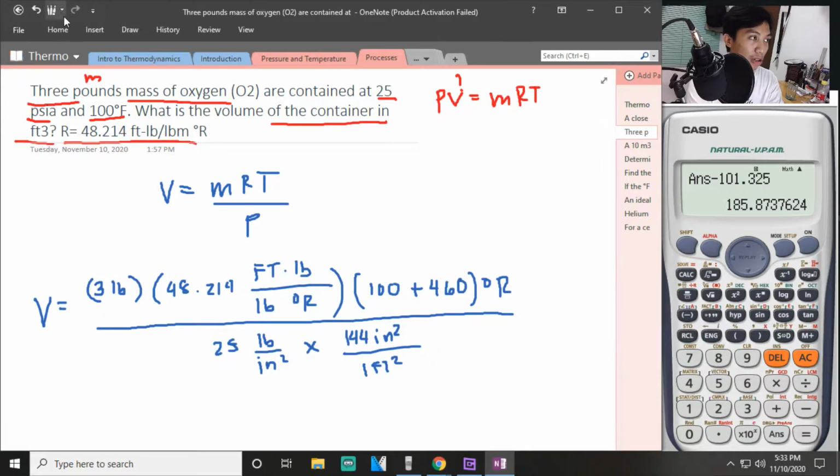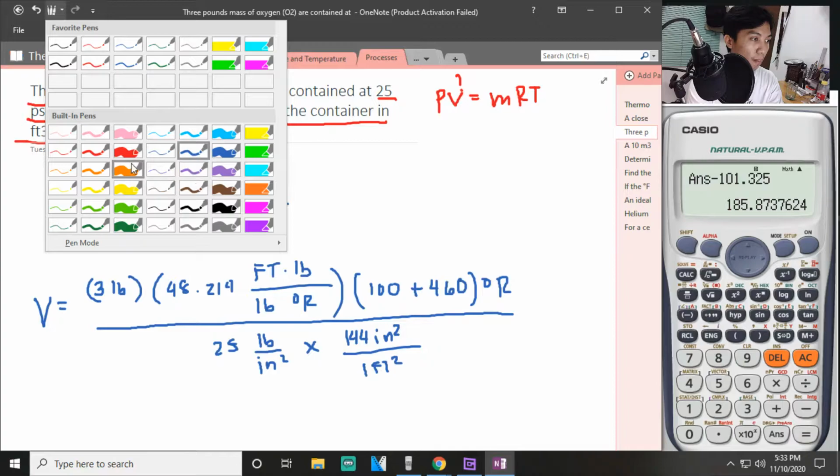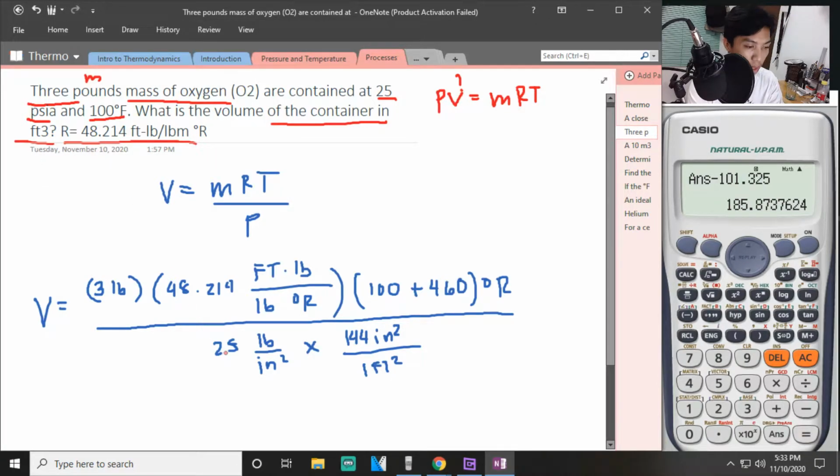Now, cancel the same units. Canceling same units: inch squared, pound, pound, degree Rankine. What remains is one feet over feet squared, so feet cubed.